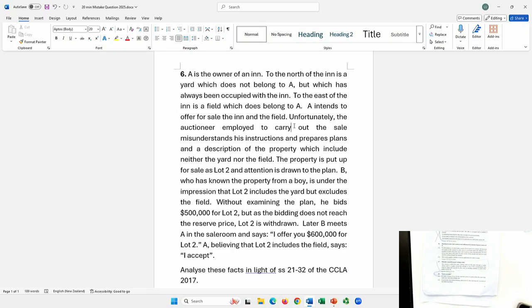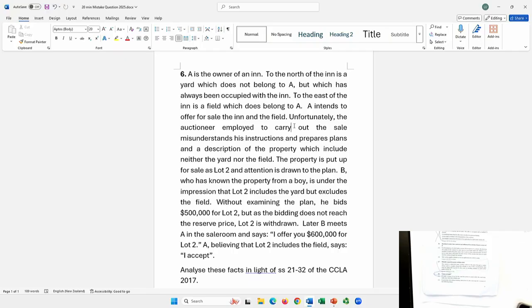Arguably, A is also a cause of this mistake by not checking lot 2 himself, assuming that it included the yard when the auctioneer drew it up incorrectly, or perhaps by not giving clear instructions to the auctioneer.